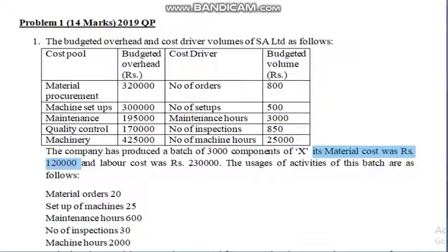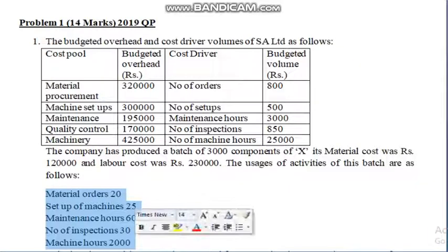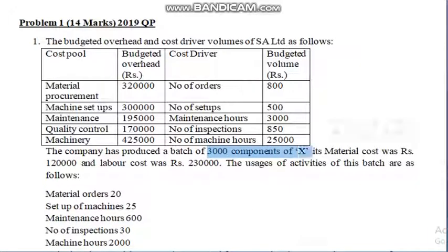So to produce 3000 components of product X, the material cost was rupees 1,20,000 and labor cost was rupees 2,30,000. Next, the usage of activities of this batch are as follows. Number of material orders 20, setup of machines 25, maintenance hours 600, number of inspections 30 and machine hours 2000. So this is the usage of activities incurred to produce 3000 components of product X.